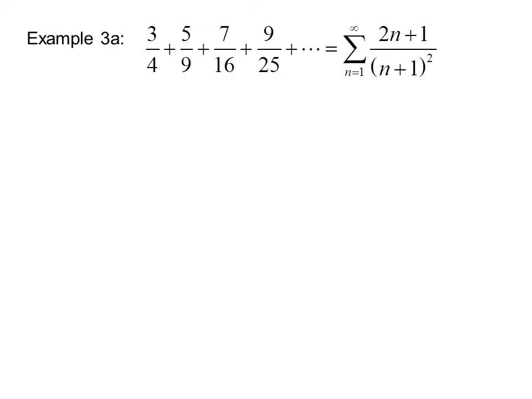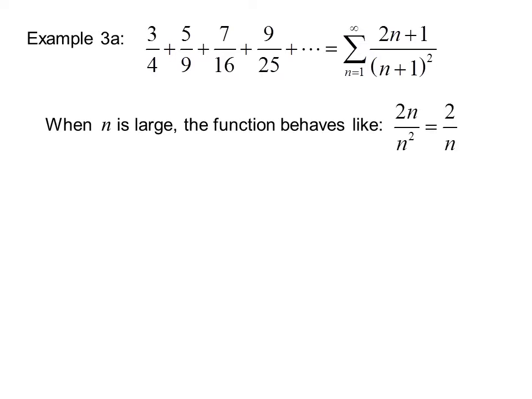Example: 3/4 plus 5/9 plus 7/16 plus 9/25 plus and so on equals the summation as n goes from 1 to infinity of 2n plus 1 over n plus 1 squared. When n is large, the function behaves like 2n over n squared, or 2 over n. 2 over n is greater than 1 over n.